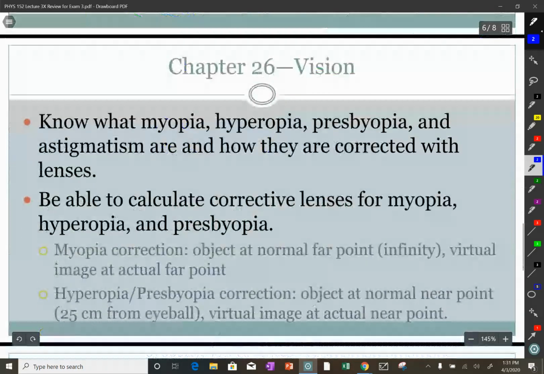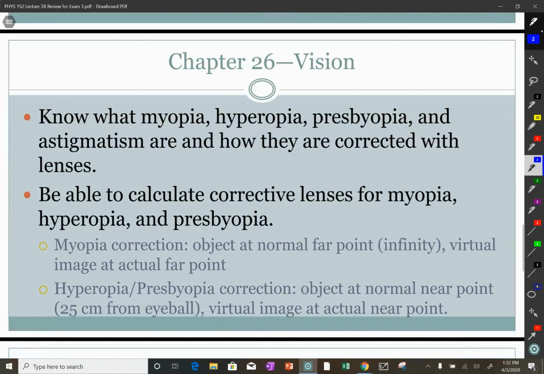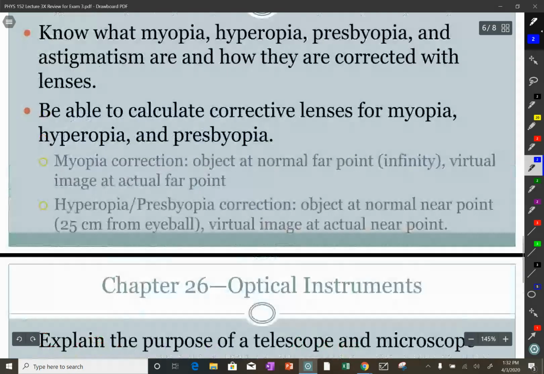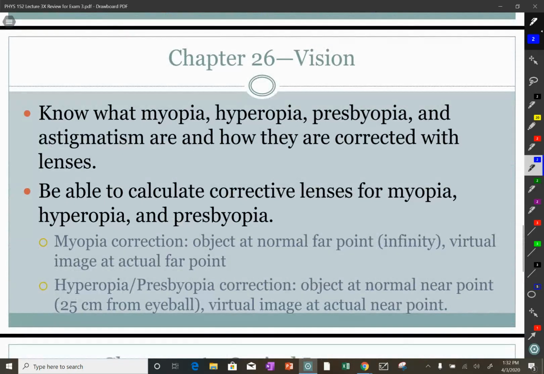All right, chapter 26. Here we dealt mostly with the eye. With the eye, we talked about only four simple vision problems that we can fix with physics. Myopia, otherwise known as nearsighted: you can see near things, but you can't see far things.